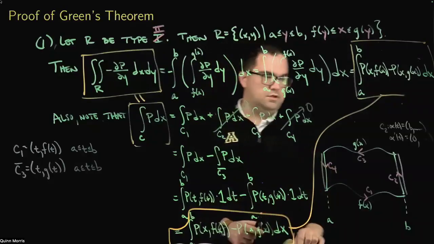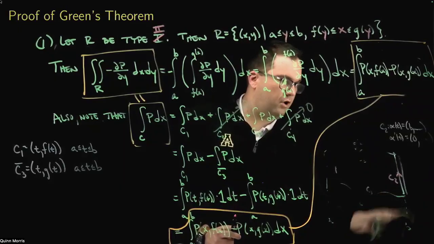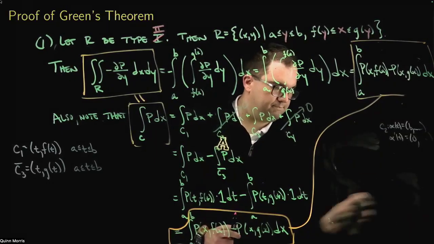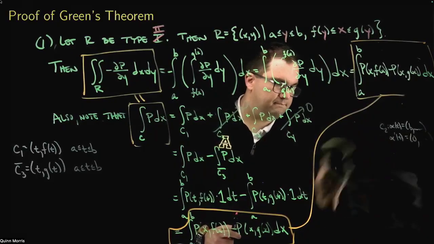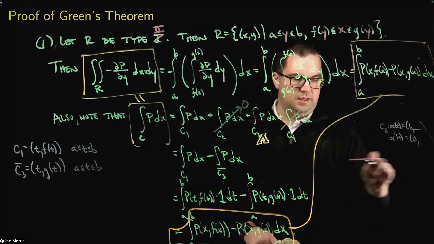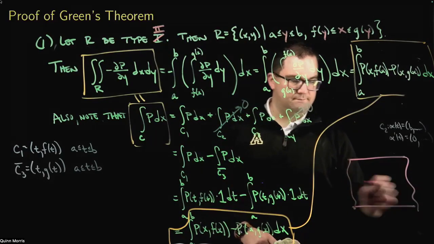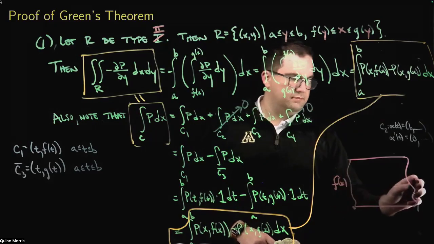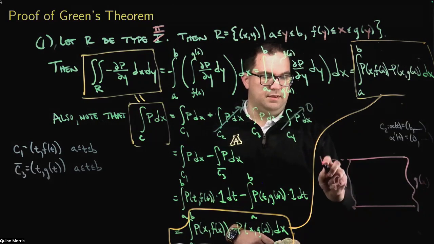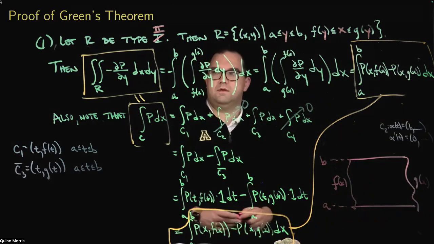Okay. So again, the general picture we would then draw for this is something that looks like this. Got f of x, got g of x, and then got b and a. Okay.